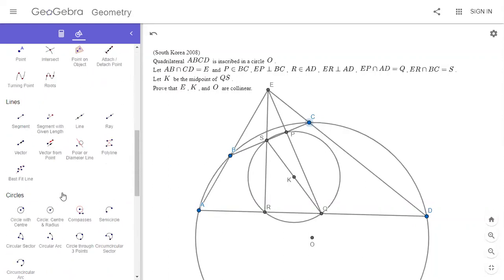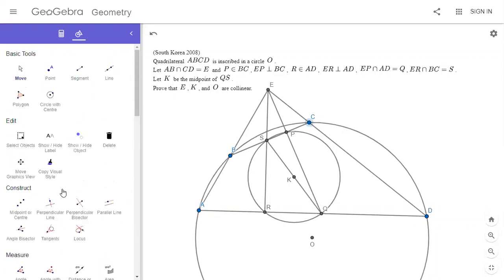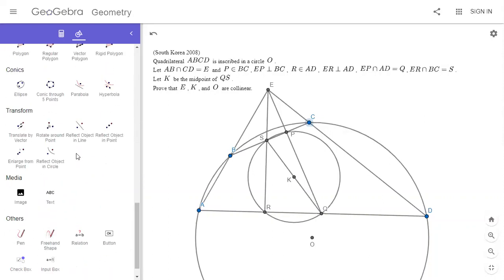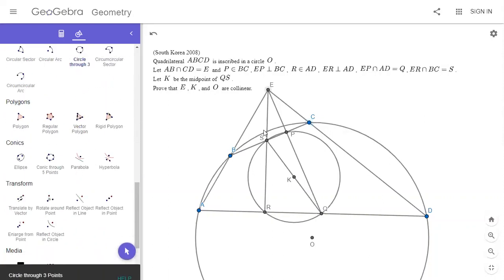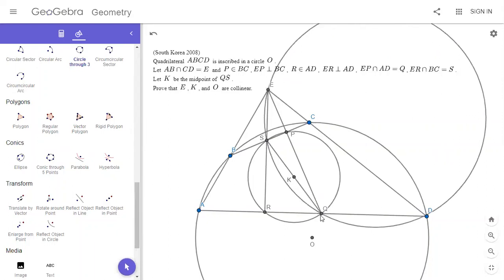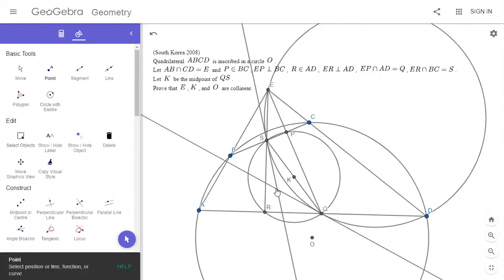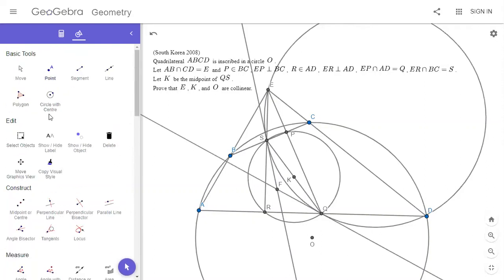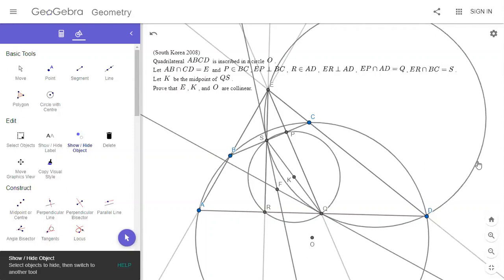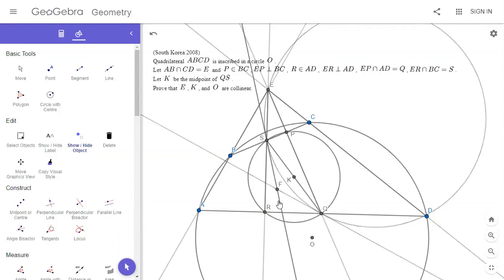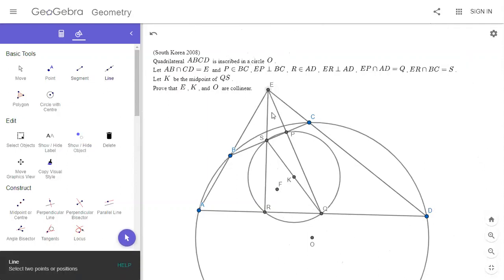There's so many different ways to construct a symmedian, but I'll just pick a way. So that doesn't pass through D, obviously, but tangents. Okay, so I'm going to hide a bunch of stuff, but EF is the symmedian.